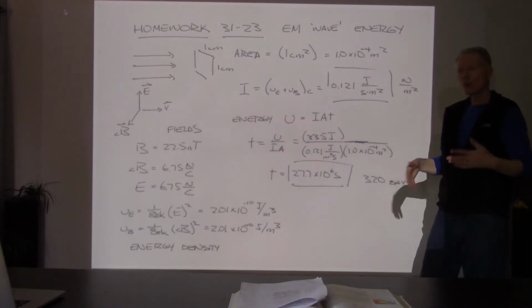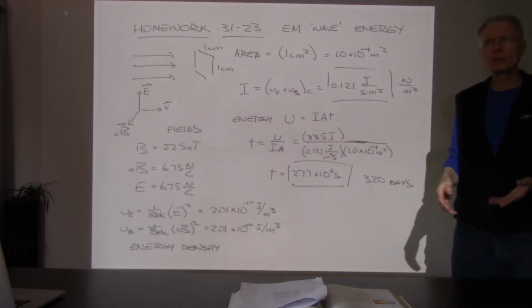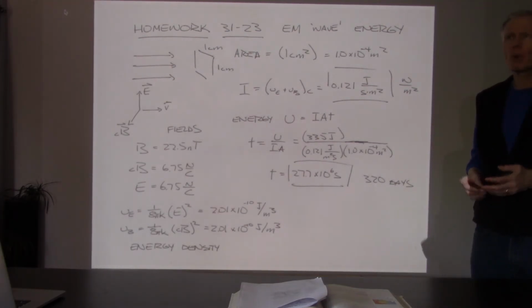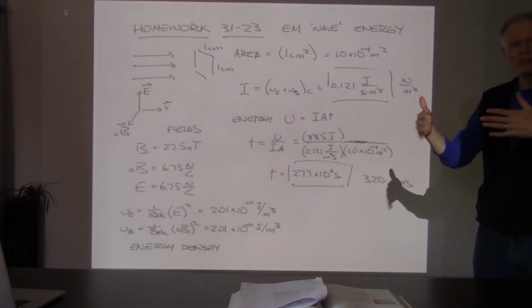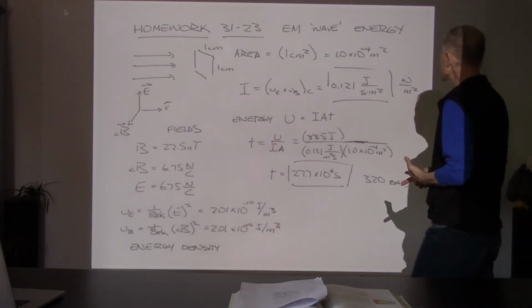We've seen intensity in a number of different situations at this point. We saw it way back with sound, the first introduction in Physics 4A, and now we've seen it a few times here in Physics 4B.